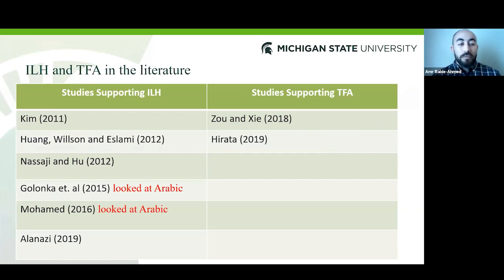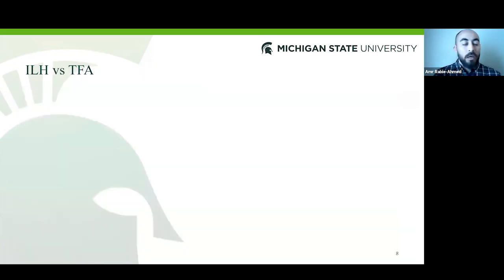So in the literature, many studies try to use these frameworks and kind of validate them or support their claims. And these studies are listed here. Only a few looked at Arabic as a language of focus, and fewer studies supported the technique feature analysis, since it has been around for a shorter time than the ILH, so it makes sense.